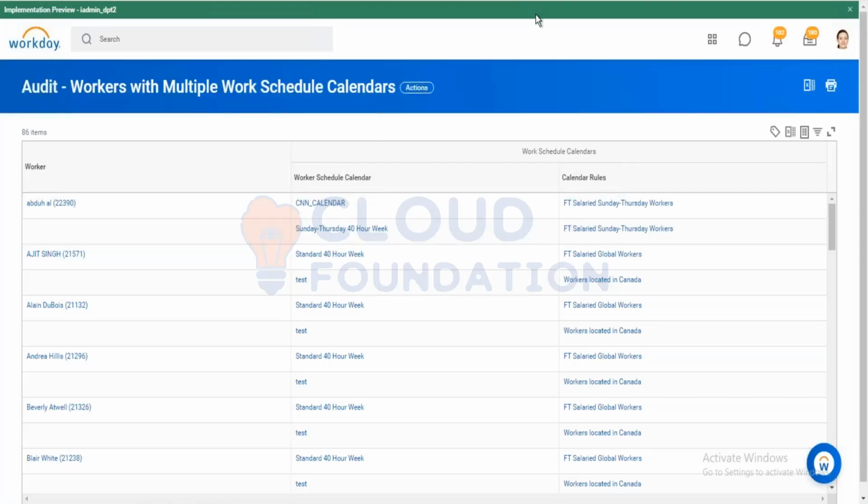There are three important things: audit worker with multiple work schedule calendar, audit worker with multiple period schedule, and audit worker with multiple time entry template. This is good. So now you understand, now you got the major concept.